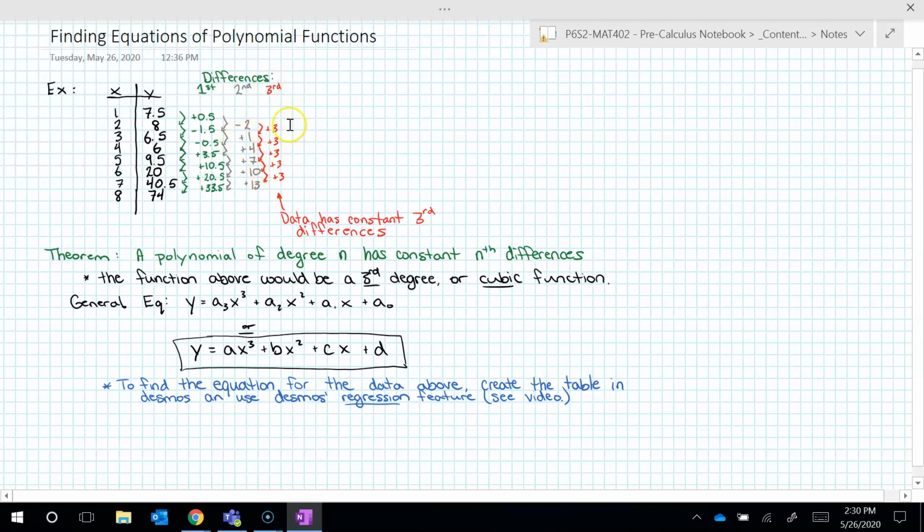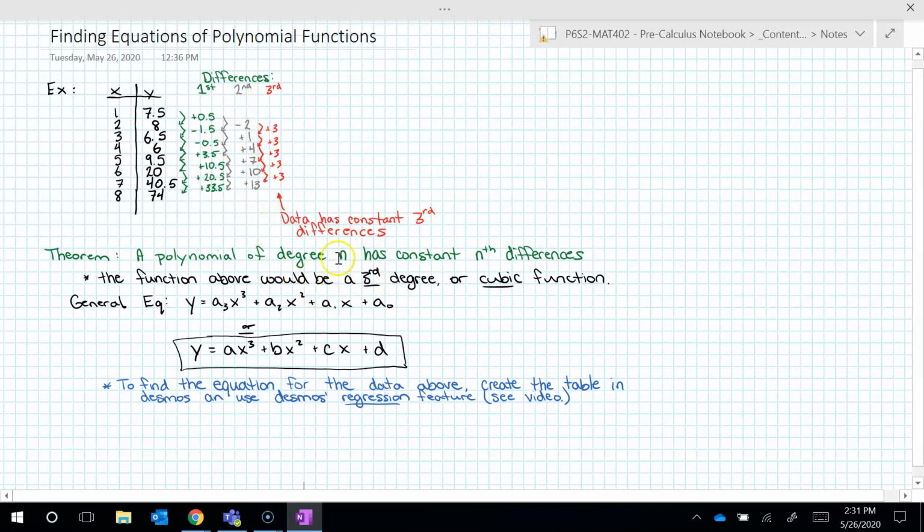And if I lay that out explicitly, say, hey, here are the differences of the second differences, which we call the third differences, right? I can see that it's +3 every time. So I know that this initial data, the table over here, has constant third differences. And maybe you talked about this in Algebra 1 with quadratics that have constant second differences.